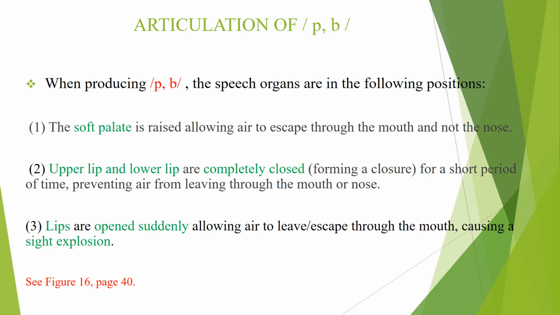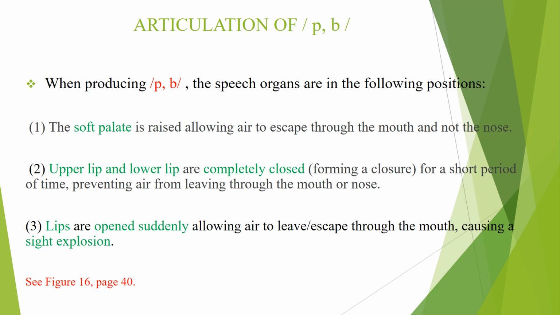When P and B are produced, the speech organs are in the following positions. First, the soft palate is raised, allowing air to escape through the mouth and not the nose. 2. Upper lip and lower lip are completely closed, forming a complete closure for a short period of time.